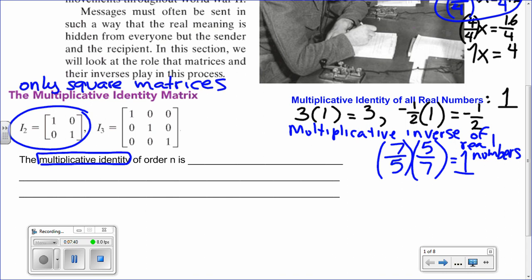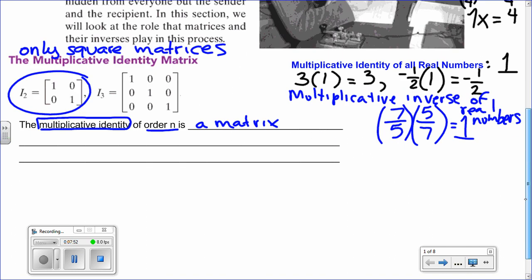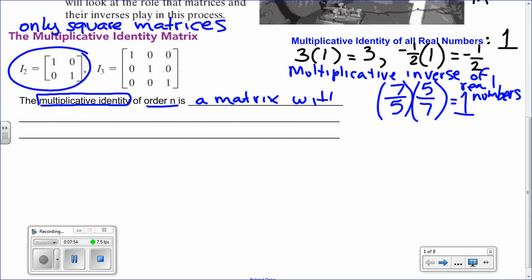And so the multiplicative identity of order n, this means the dimension is n, is a matrix with n rows and n columns.